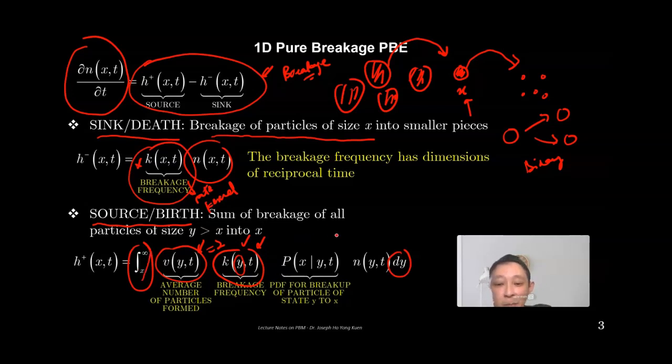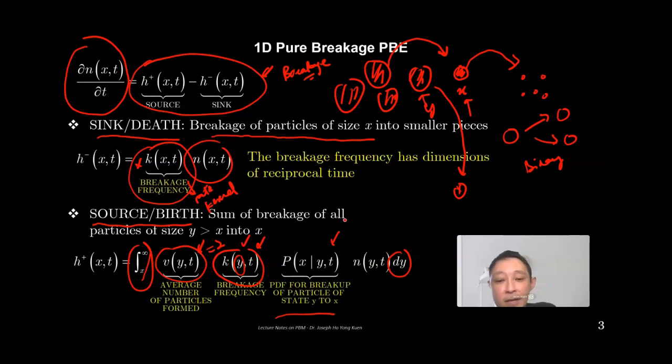And then this big P here is the probability density function that describes the breakup of a particle of a state y into x. For example, let's say you have a particle of size y. How does it break into x? Is it going to be random? Are all sizes of x that are smaller than y equally probable of being formed from the breakage of y?